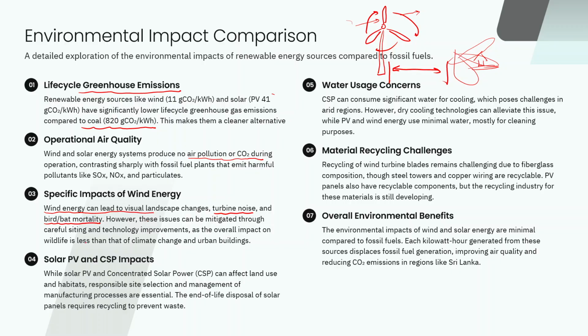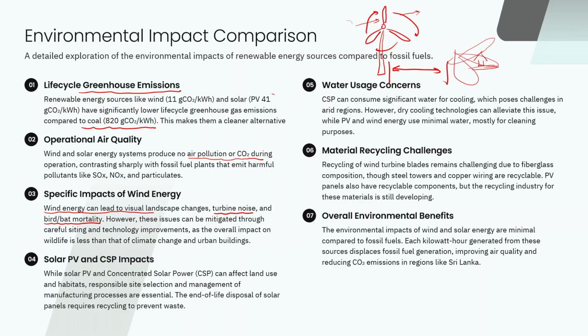But these issues can be mitigated with careful planning. As I said, if you carefully plan how much land you should leave between the wind turbines and the residential area, you can reduce the sound going into the residential area, as well as mitigate the shadowing effect.